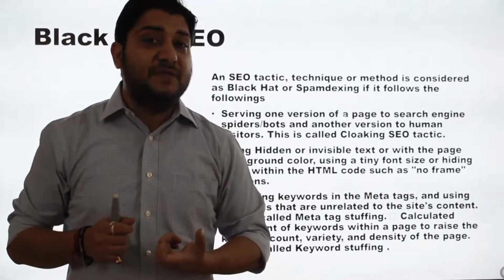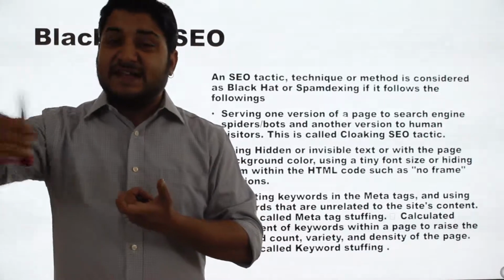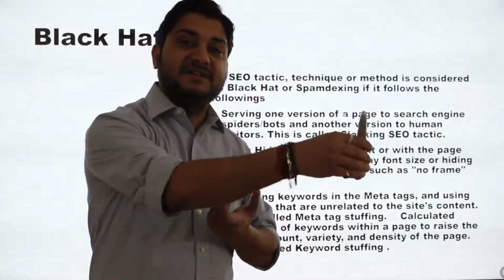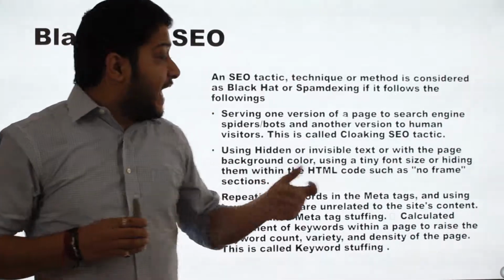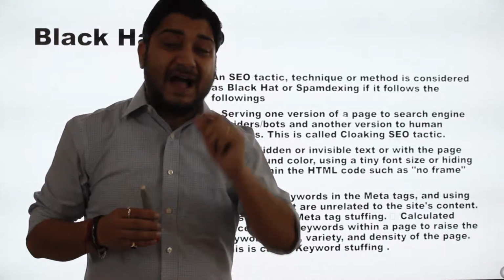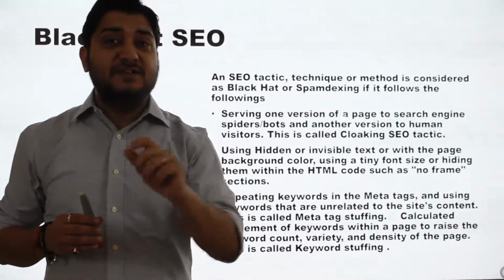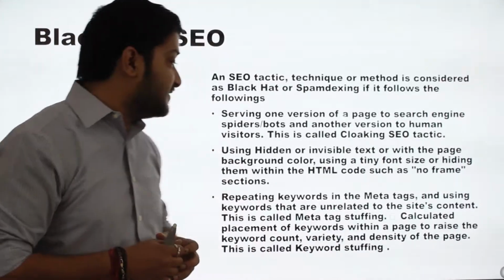You do not have to follow that. Just make sure that the content you represent to the search engine is exactly the same content you represent to the user, so that the trust factor remains. I have defined this cloaking SEO technique in the course material. I would request you to go through it. You'll get a fair idea of what exactly it means.